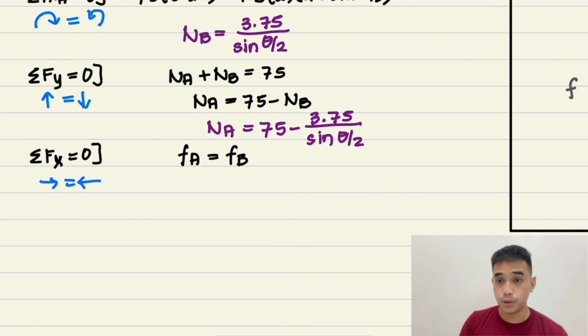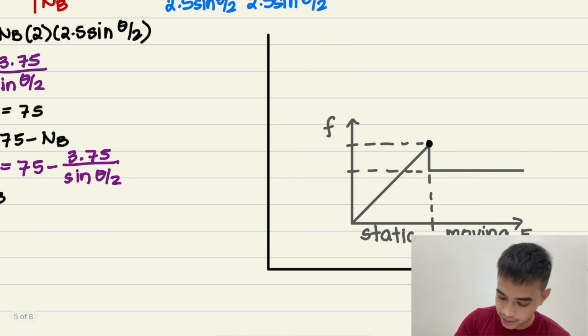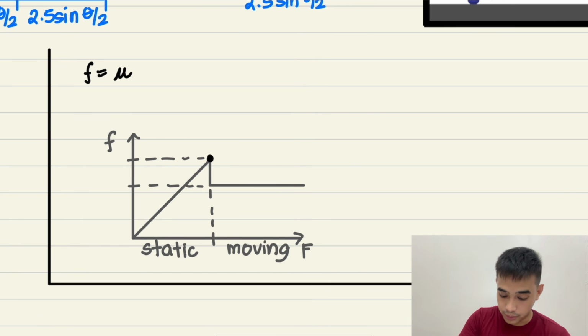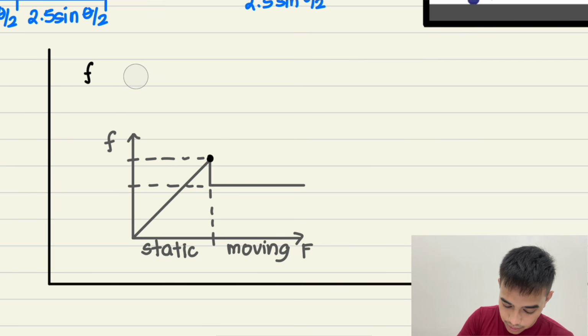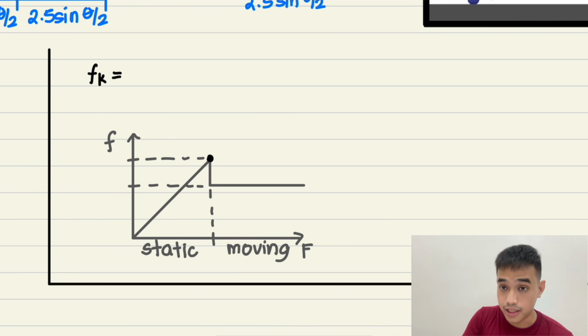At this point, it would be convenient to remind ourselves what the formula for friction is. The formula for friction is the coefficient of friction multiplied by the normal force. To be more specific, for moving objects, the kinetic friction is equal to the coefficient of kinetic friction multiplied by the normal force.